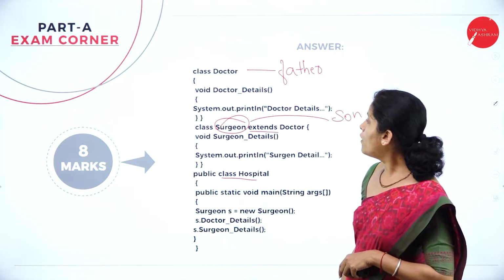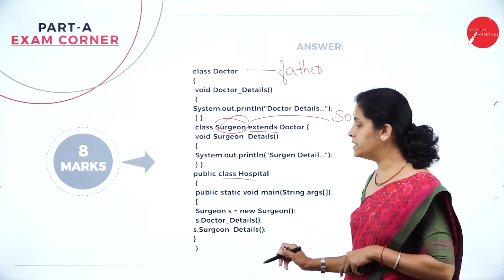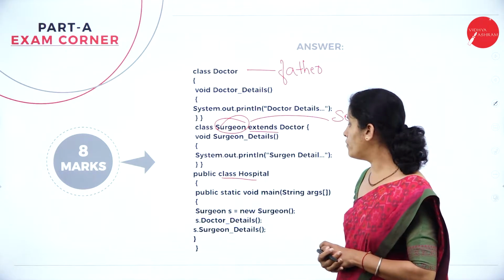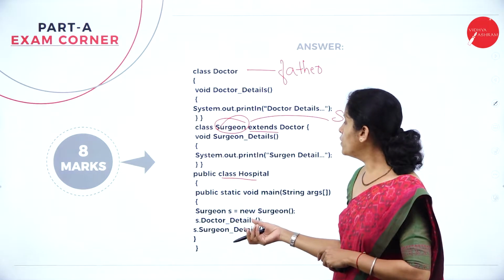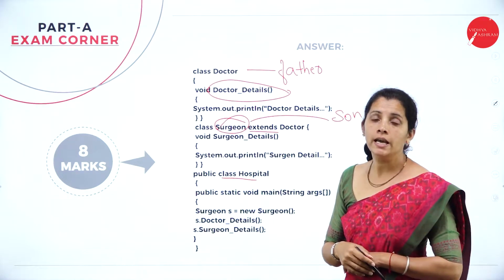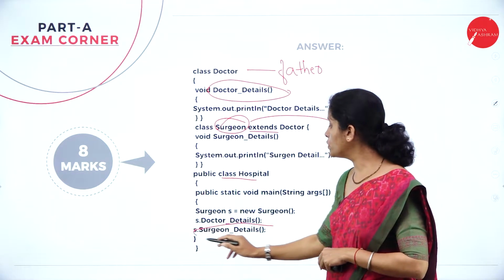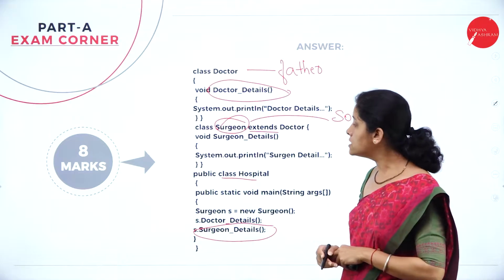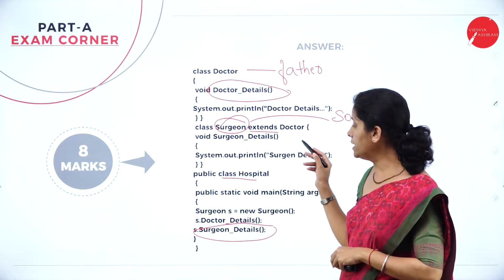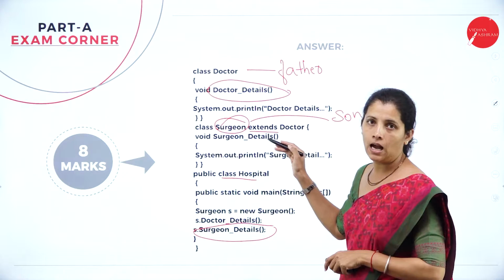Now, for this surgeon, I'm going to create the object, and with the help of S, I'm going to call the method which is present in the parent class, as well as I'm going to call the method surgeon_details which is present in the subclass.